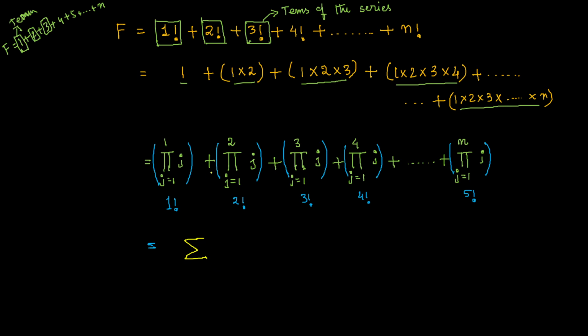And this summation will start from 1, right? And will end at n. Why am I saying n? Because if you see the pattern in these terms, the first term ended at 1, the second term ended at 2, the third term ended at 3, the fourth term ended at 4, and the last term ended at n, the nth term.